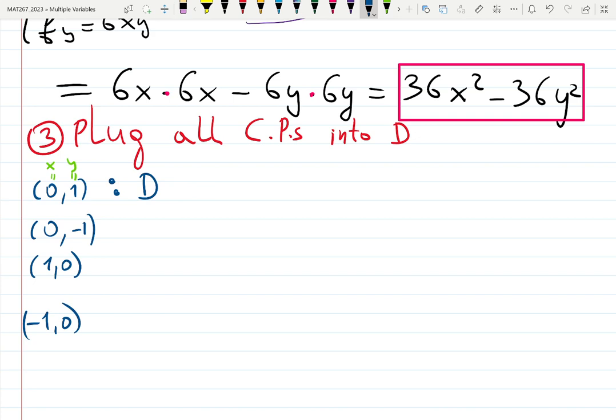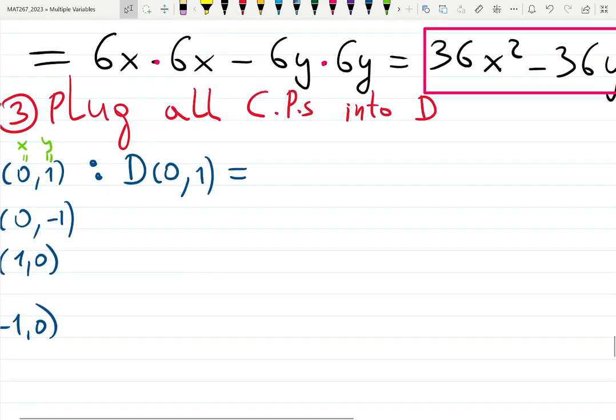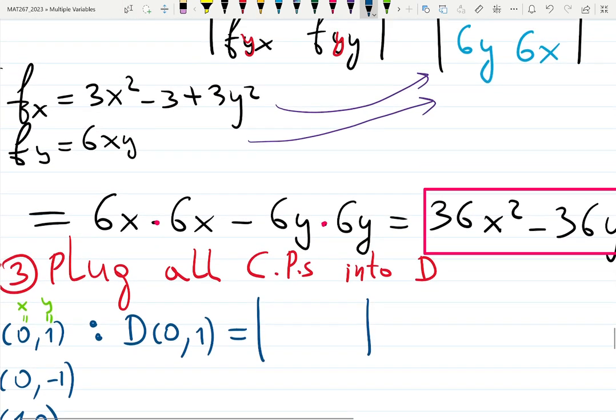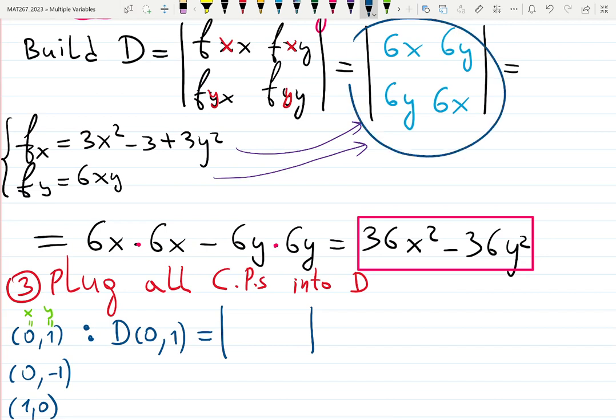D at 0, 1, plugging in. So there are 2 ways to see it. Different teachers teach differently. I will show you both. Either you plug it right away into the determinant. Some people do it right away here because it's not that hard. 0 and 1. X's are zeros and Y's are ones. And then it's just minus 36.